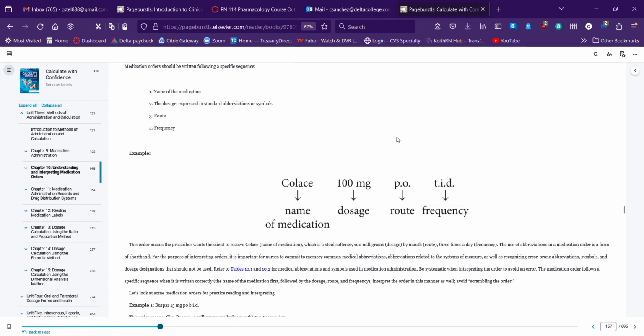So interpreting the medication orders, this is what we were talking about just now. This has to be in every single medication order that you have, and it has to be in this order. Also tonight, if somebody could please make a note to show y'all some of the facilities that we use.